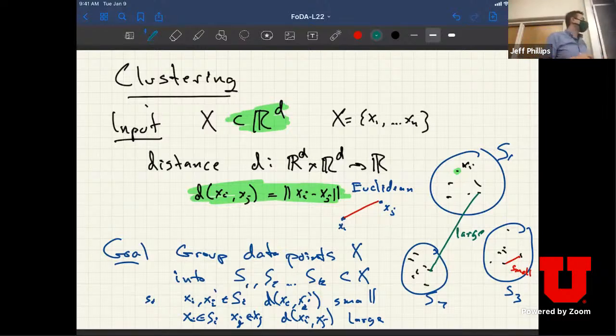I'll try and give you some intuition on how to answer that, but this is a great point, and the notion of clustering is much vaguer than regression or dimensional reduction, in terms of what the actual goal is.